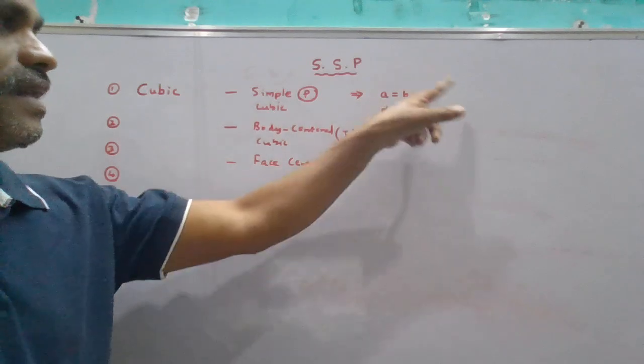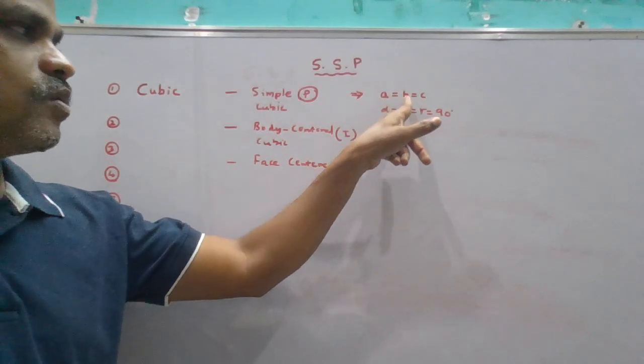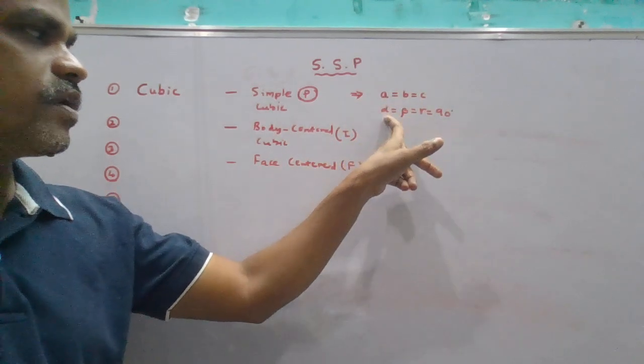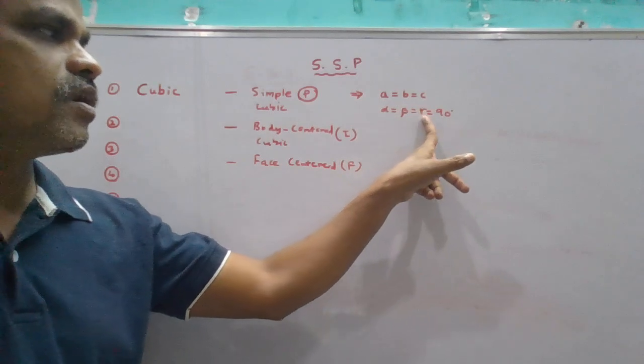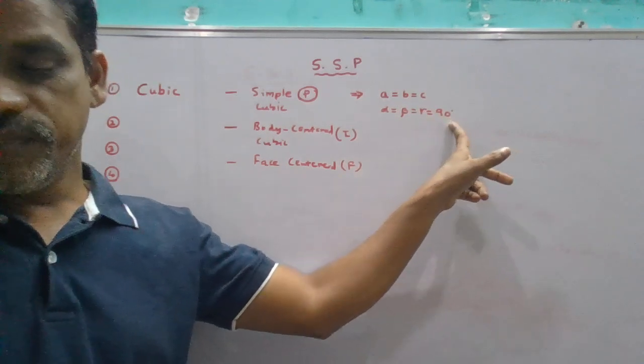The unit cell characteristics are a equal to b equal to c, and alpha equal to beta equal to gamma equal to 90 degrees.